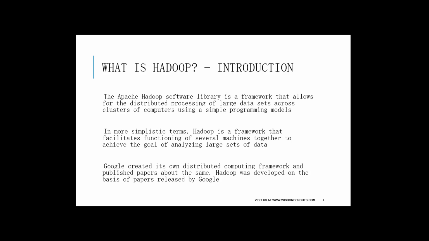So they released the white papers of their Google File System into the open source community, from where developers at Yahoo, like Doug Cutting, along with the Apache Corporation, came up with this new framework called Hadoop. So Google created its own distributed computing framework and published papers about it. Hadoop was developed on the basis of the papers released by Google.